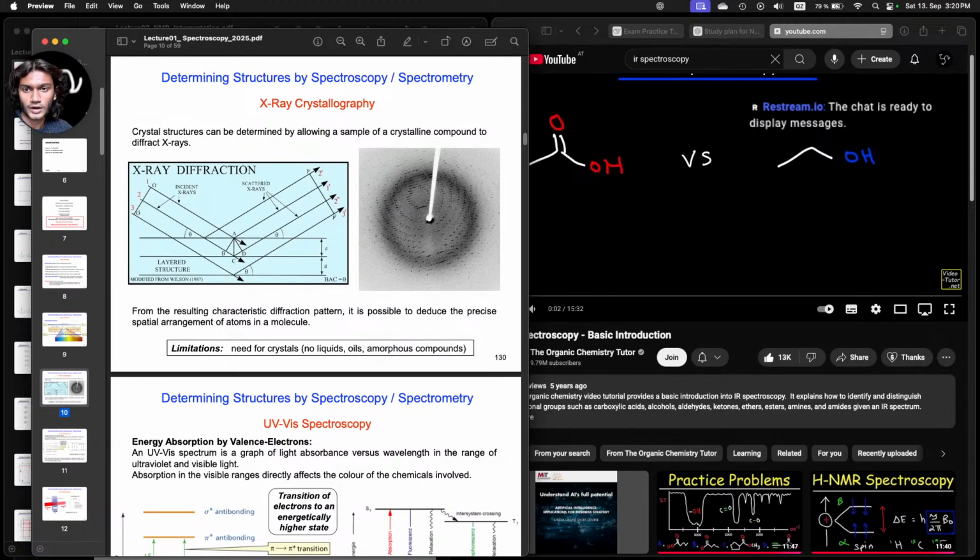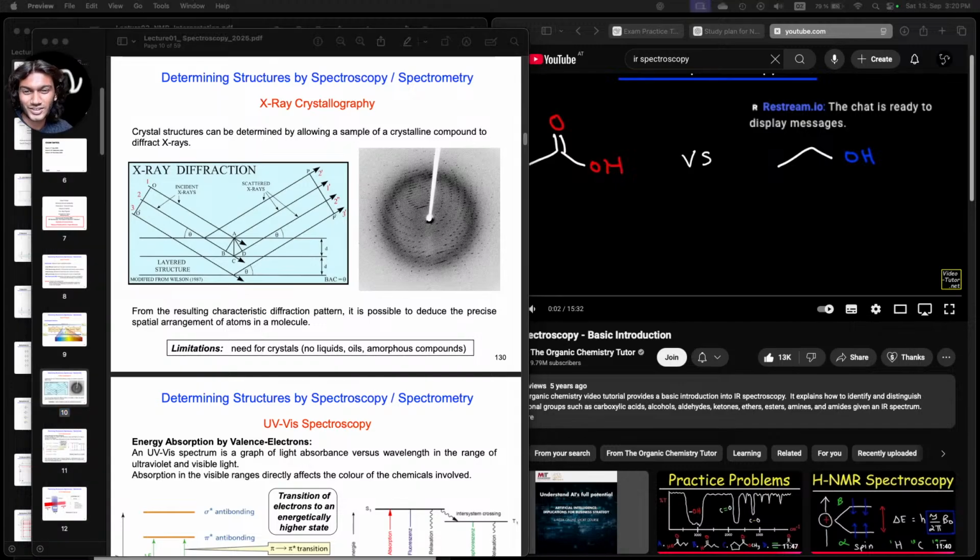I did look into IR spectroscopy. I got some idea of what it is, but I still didn't learn what I need to. What is this?